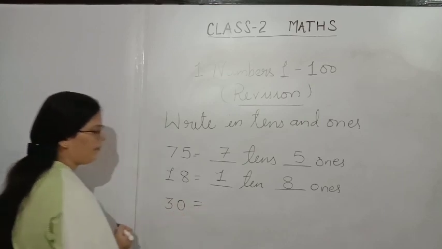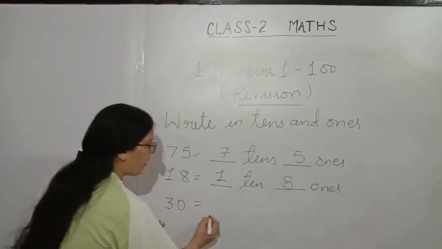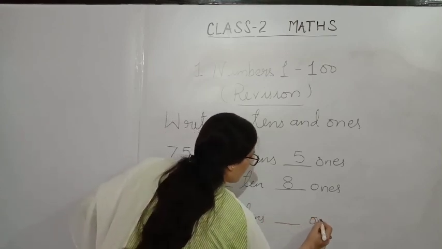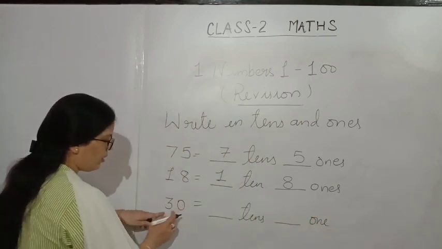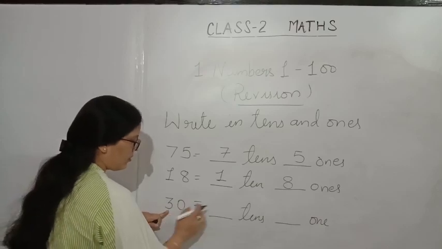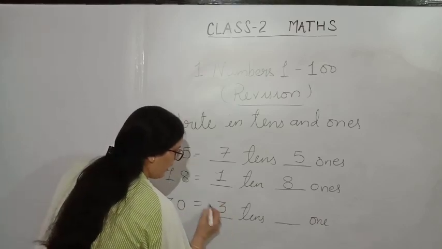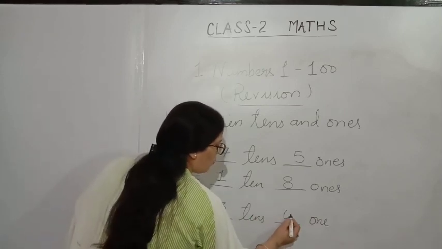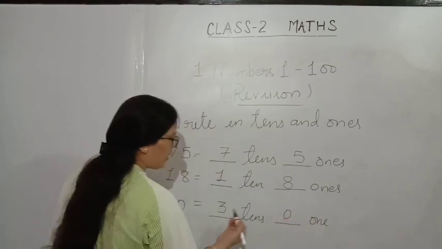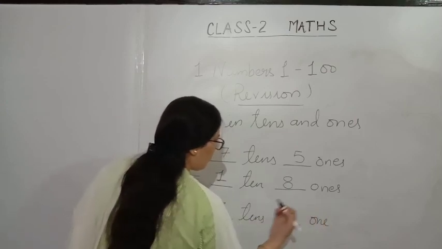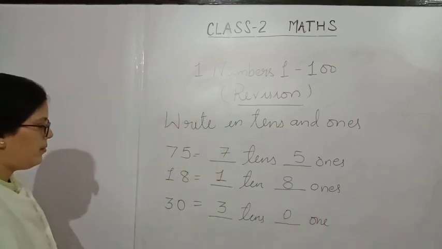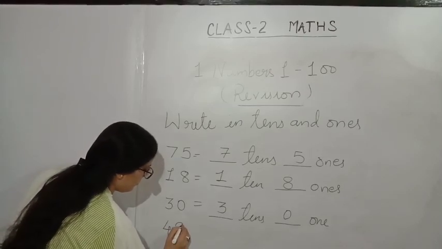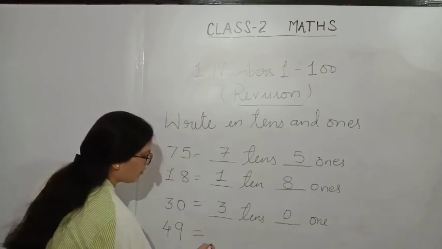Now 30. Again, how will we write this in tens and ones? Here we'll write 3 at tens place. Now 0 is at ones place. So 3 tens and 0 ones. Now write 49.